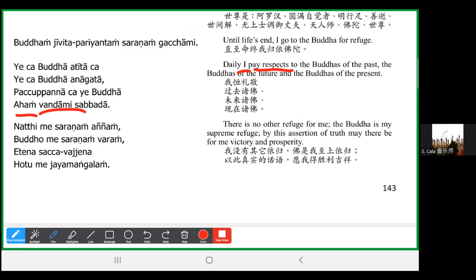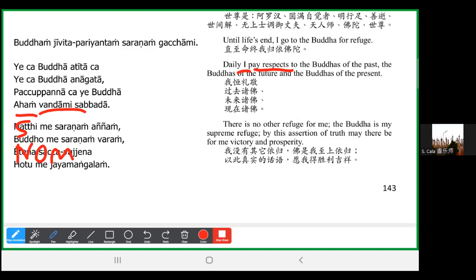Oh sorry, yes, it's a pronoun. It's the subject, and it's nominative, right? Aham is the subject and nominative. For new students, I think most of you have heard about nominative before. Okay, now we look at it: I pay respect. Actually vandami means pay respect or you worship, something like that.